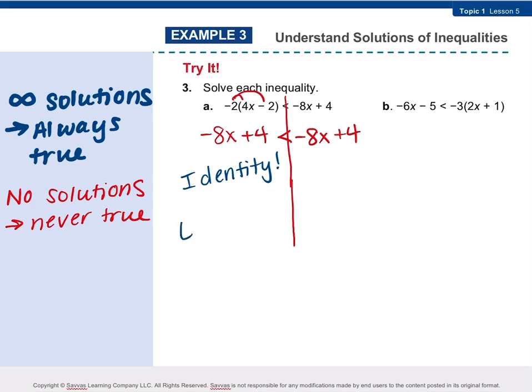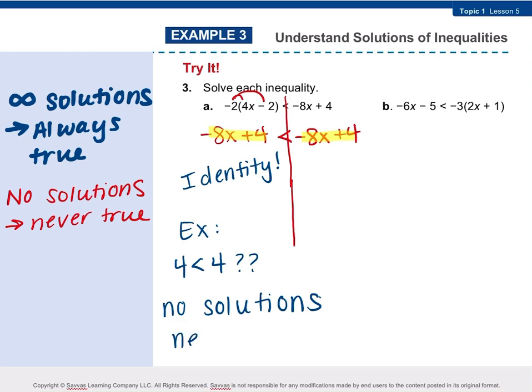That's like saying, a different example would be like 4 is less than 4. That can't be true. So actually now when we have the same thing on both sides, that is never true. No solutions, never true. Right? That's my answer, no solutions, because that's never true. So that's almost backwards compared to equations.